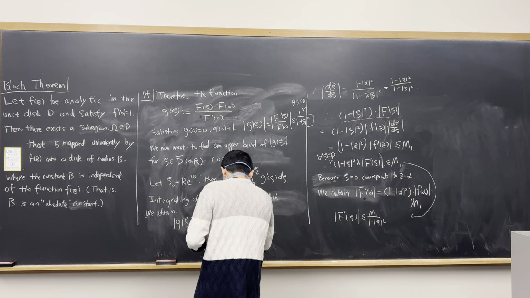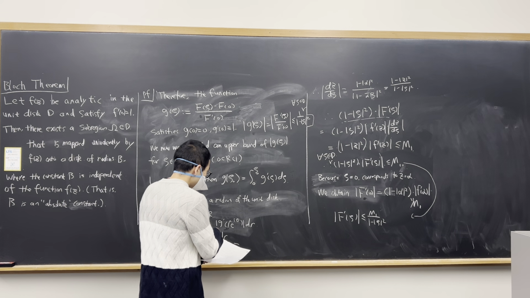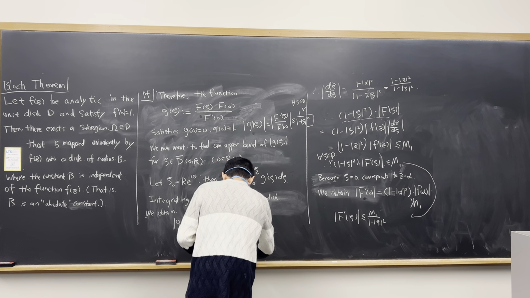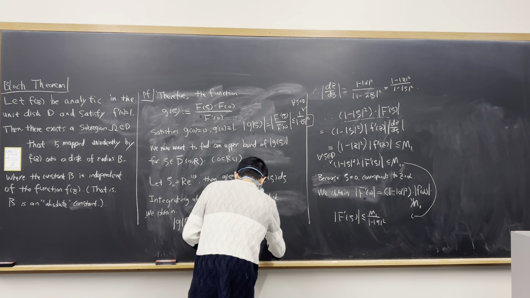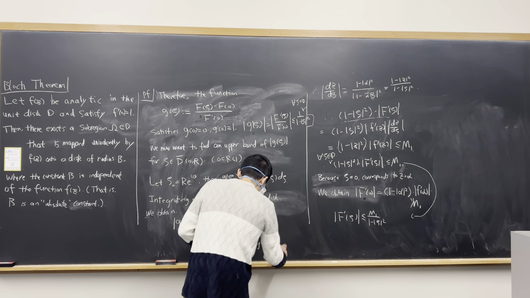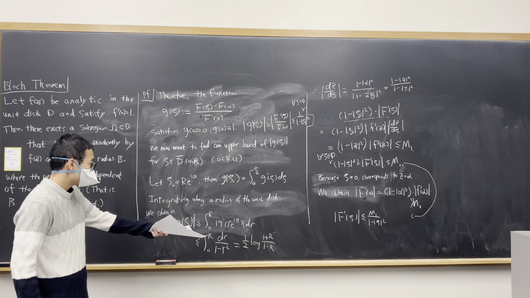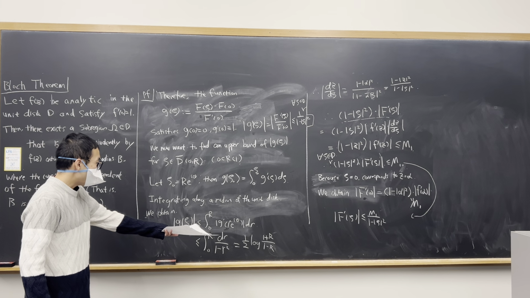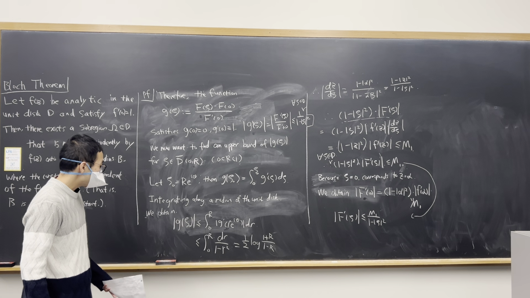So this integral gives you 1/2 natural log of 1 plus r over 1 minus r. Okay, so actually you get an exact upper bound for this zeta.